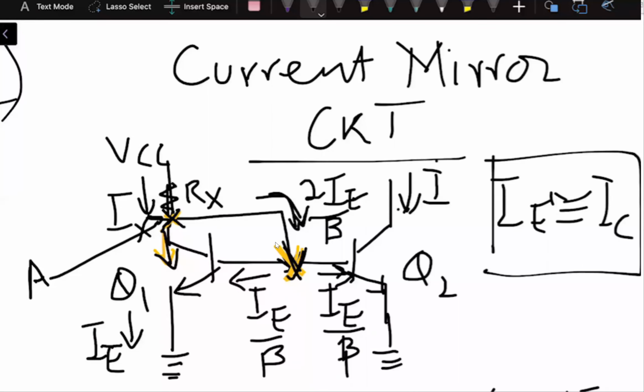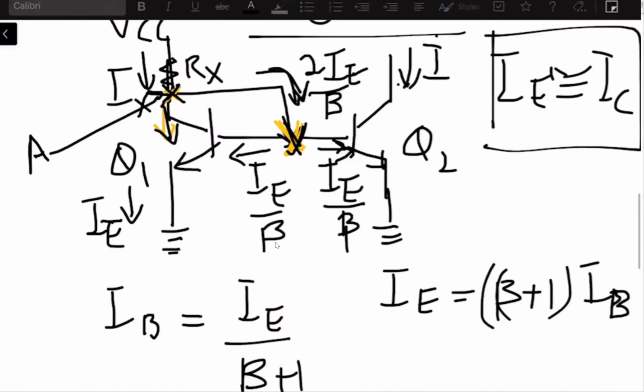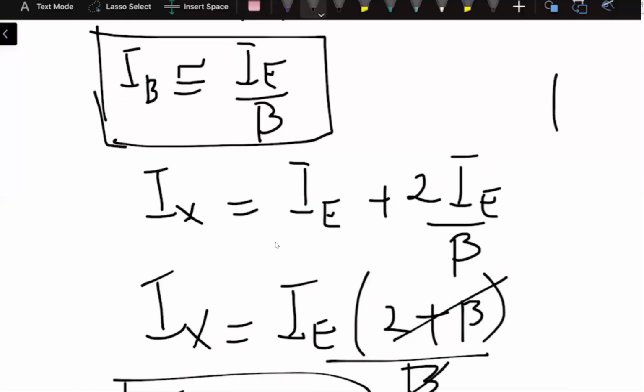The current leaving the node A is IE plus 2IE by beta. And why I have written IE in the collector is because we say that IE is approximately equal to IC, right? So at node A, this equation comes up: Ix is equal to IE plus 2IE by beta. Are you with me now?